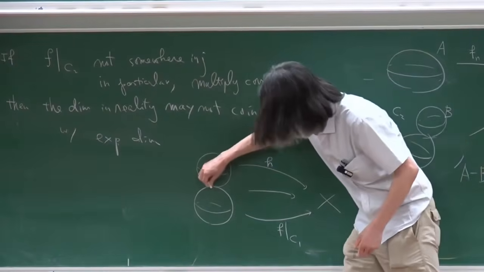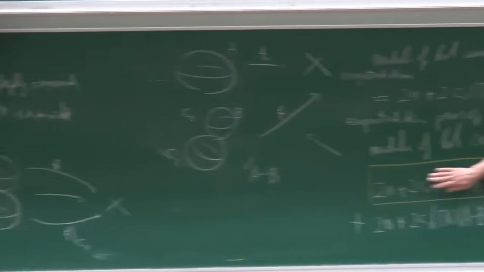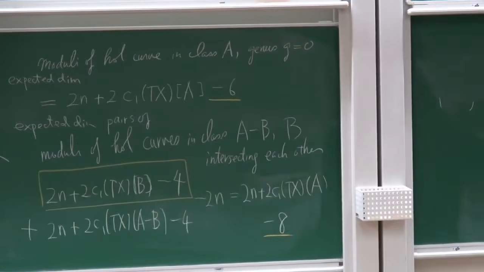Then the expected dimension is not this one, but this one should be replaced by this one.